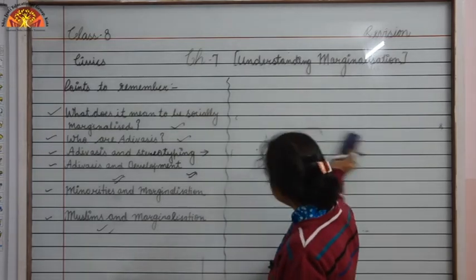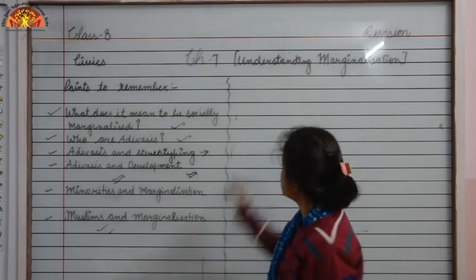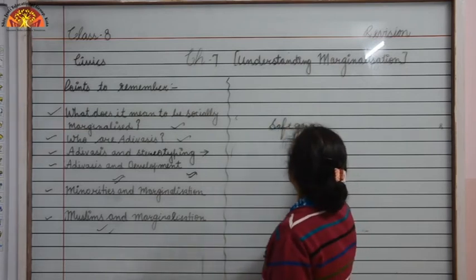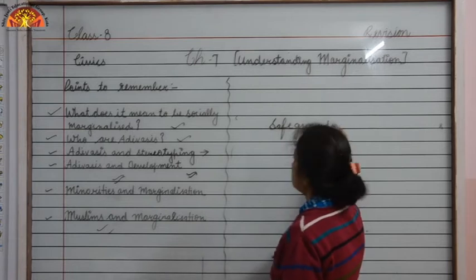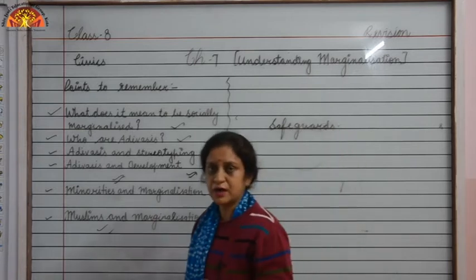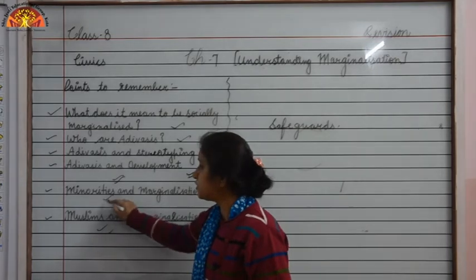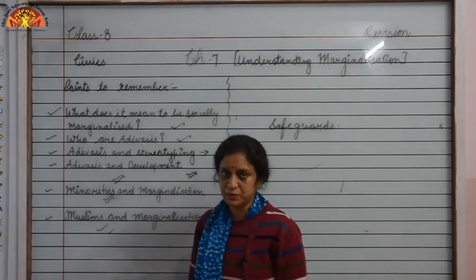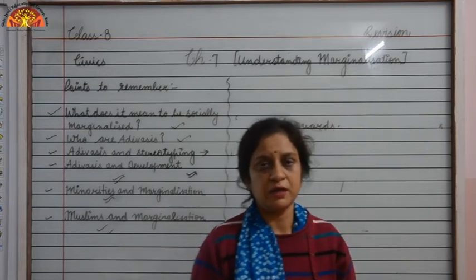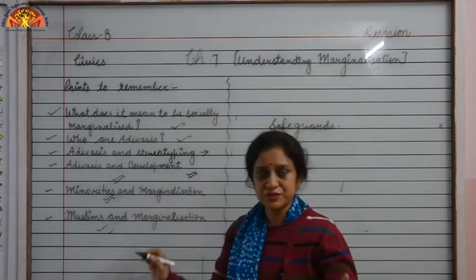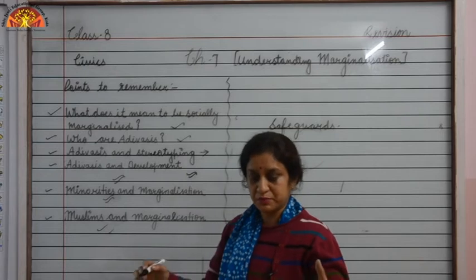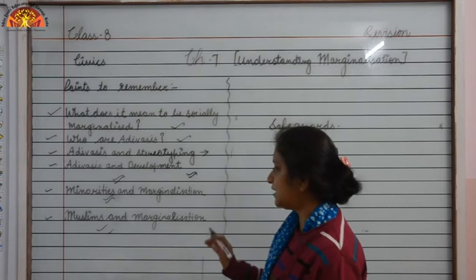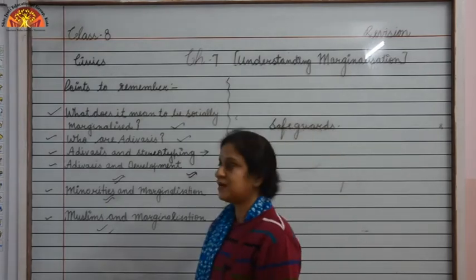But the government has provided certain safeguards to the minority groups to protect them from the domination of a majority group. They cannot be dominated, so the government has given them reservations, including reservation in job security and chances to rise. Now the last is Muslims and marginalization.